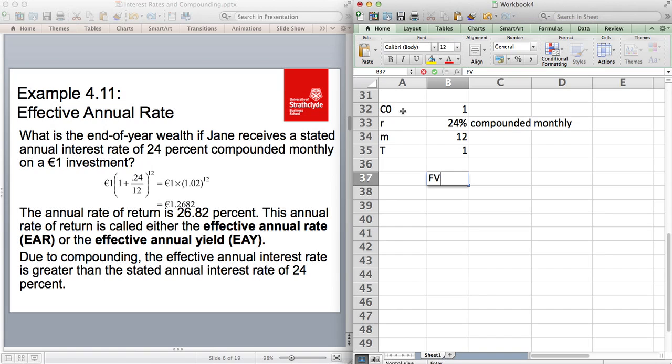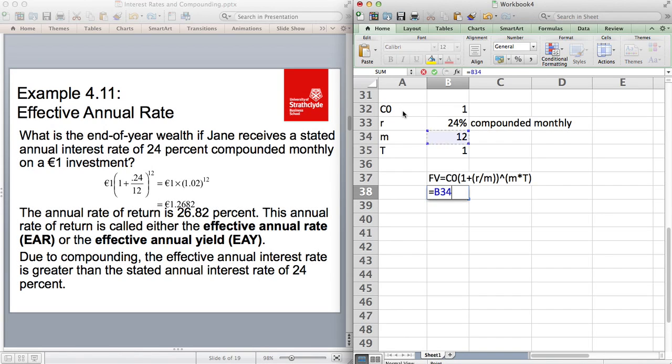So let's just use our own formula. Future value is equal to C naught times 1 plus R over M to the power M times T. That's just our formula. Okay, so what does that equal?